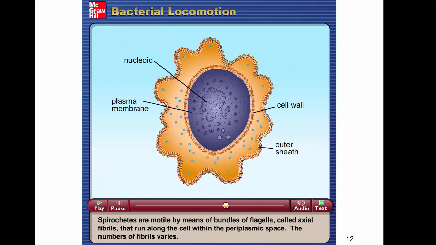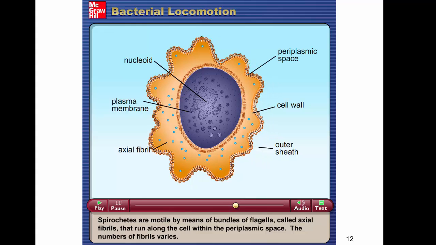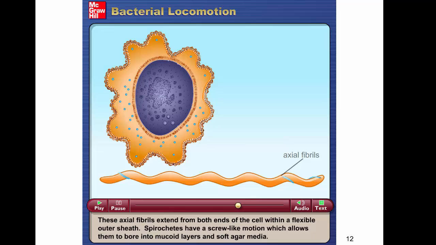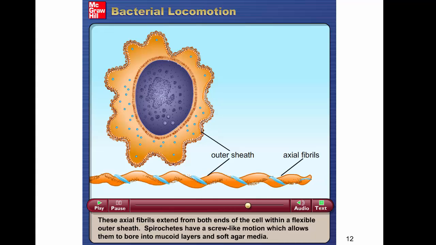Spirochetes are motile by means of bundles of flagella, called axial fibrils, that run along the cell within the periplasmic space. The number of fibrils varies. These axial fibrils extend from both ends of the cell within a flexible outer sheath. Spirochetes have a screw-like motion which allows them to bore into mucoid layers and soft agar media.